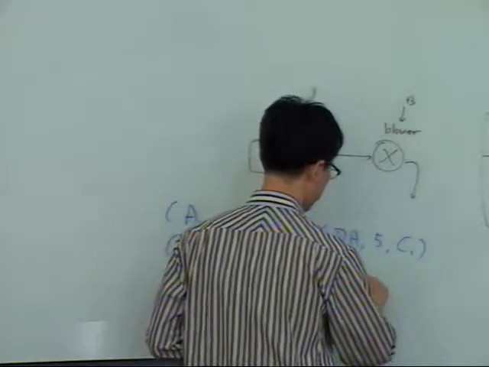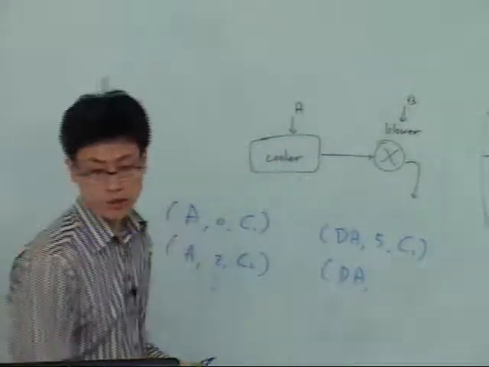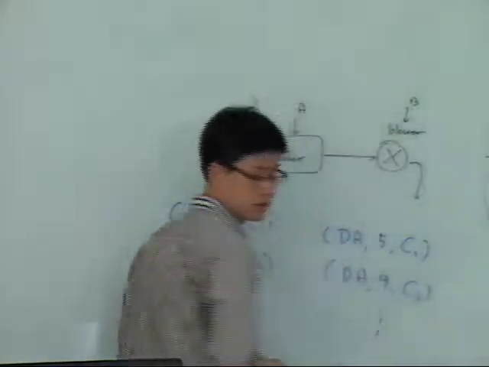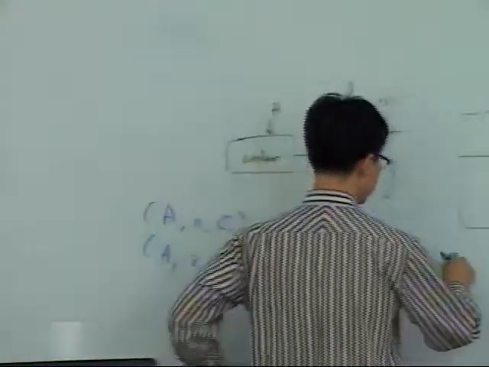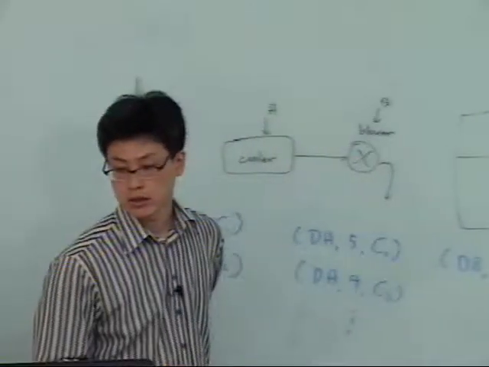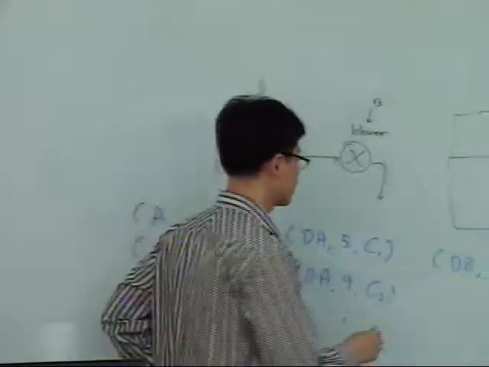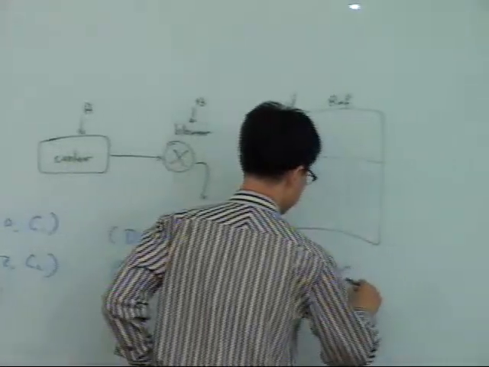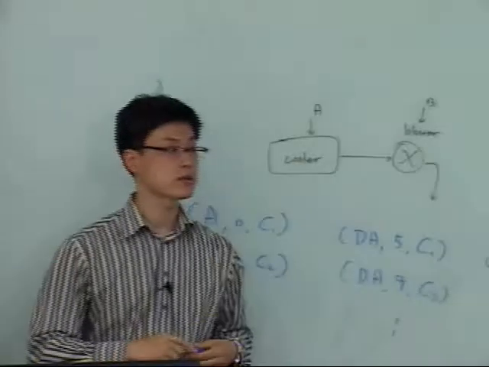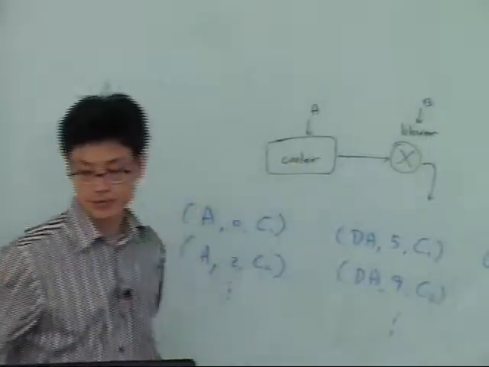And DA will happen at time 9, customer 3, and the like. Same thing. DB will happen at time 5, customer 2. Right? This is the event notice.